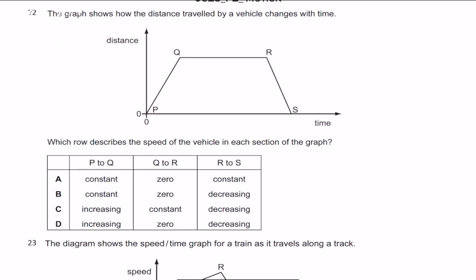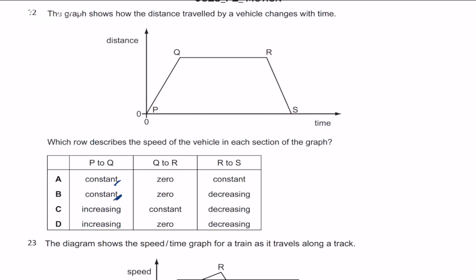In the next question, the graph shows how the distance traveled by a vehicle changed with time. Which row describes the speed of the vehicle in each section of the graph? Let's see. From P to Q, the speed is constant, so I'm gonna choose these two options.